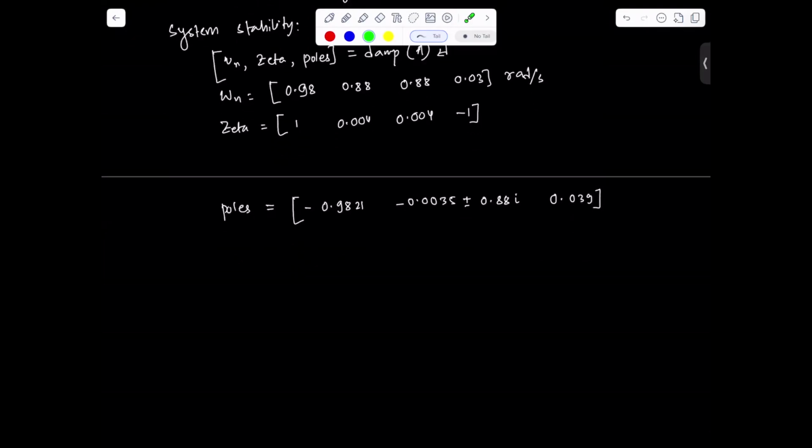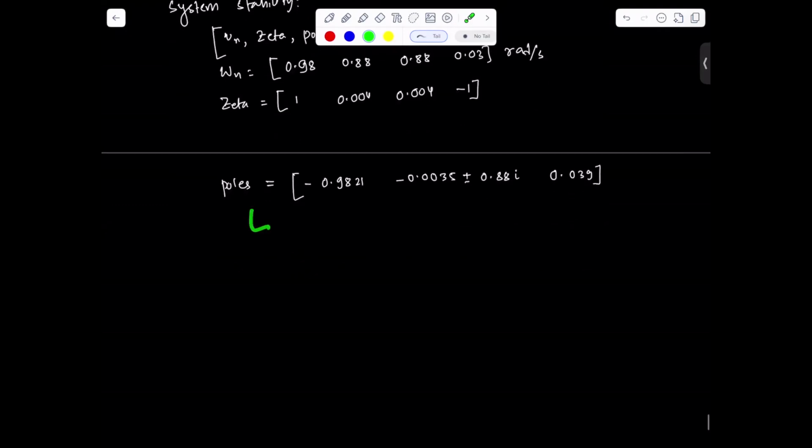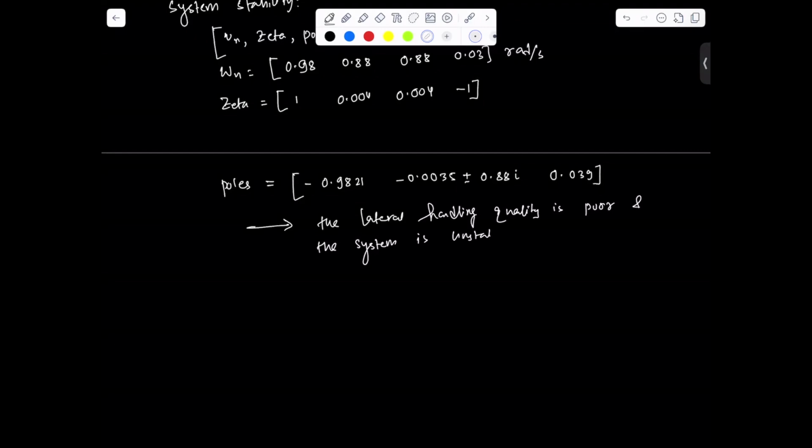In other words, you can say the lateral handling quality is poor. So you can write for this condition, the lateral handling quality is level 4 and the system is unstable, right?